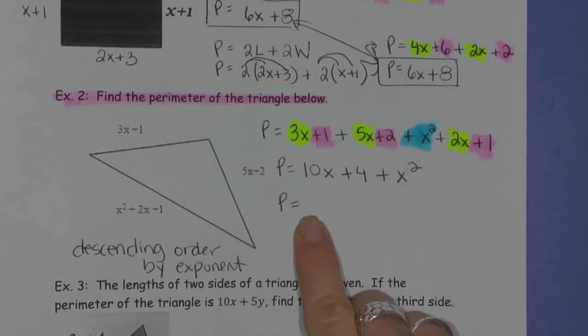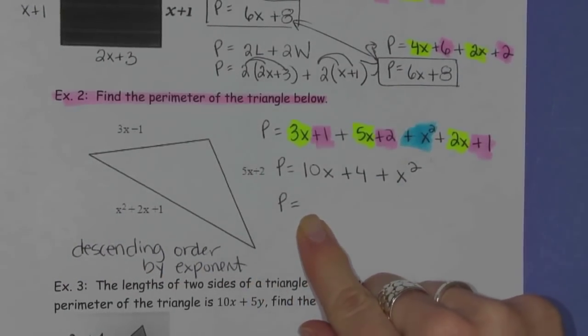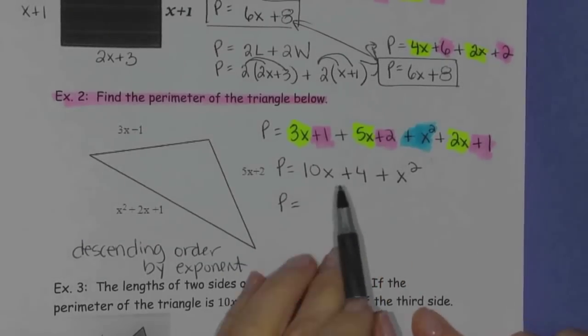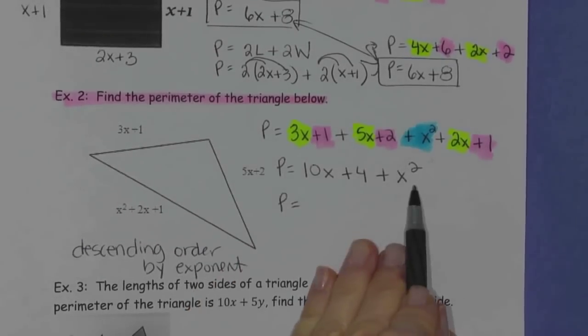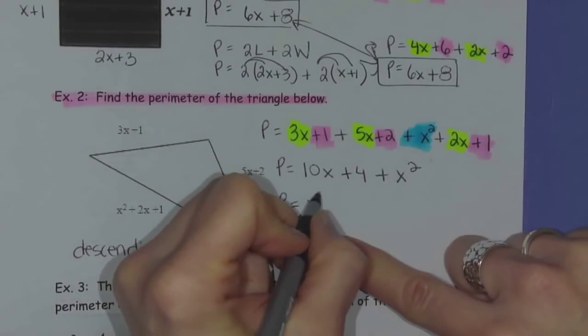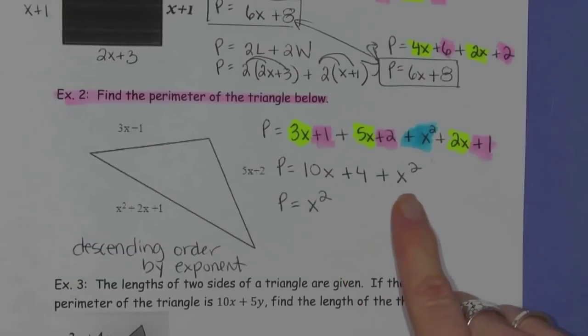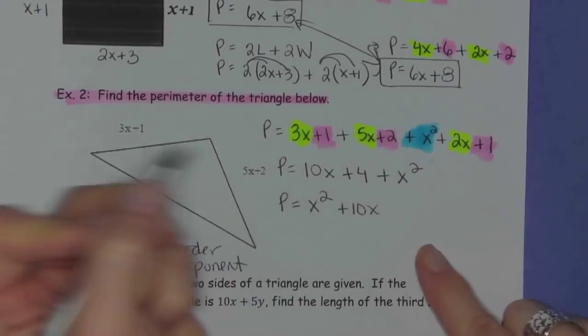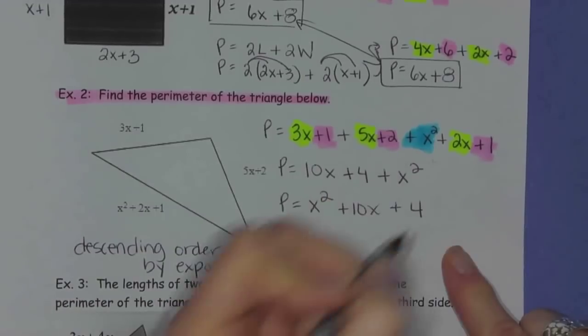So I want the highest exponent first, followed by the next highest, and so forth. So if you look here, the highest exponent is this 2. So I'm going to start with x squared. From there, I've got my positive 10x, and then I'll finish with the 4.